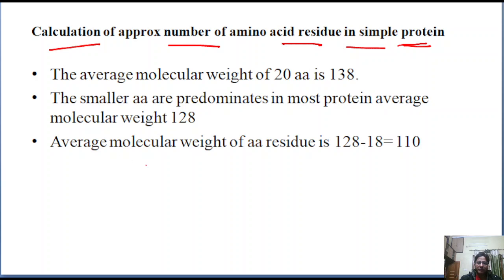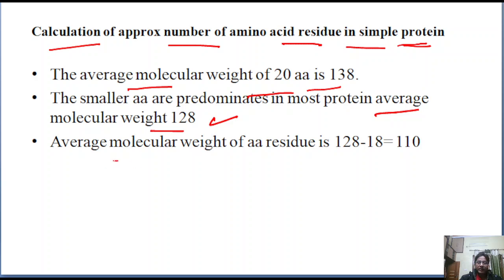We can see that if you take the average molecular weight of all the 20 amino acids, it is around 138. But it is found that small amino acids are predominant in most proteins. So if we consider that, the average molecular weight comes to 128 because small amino acids are predominant.